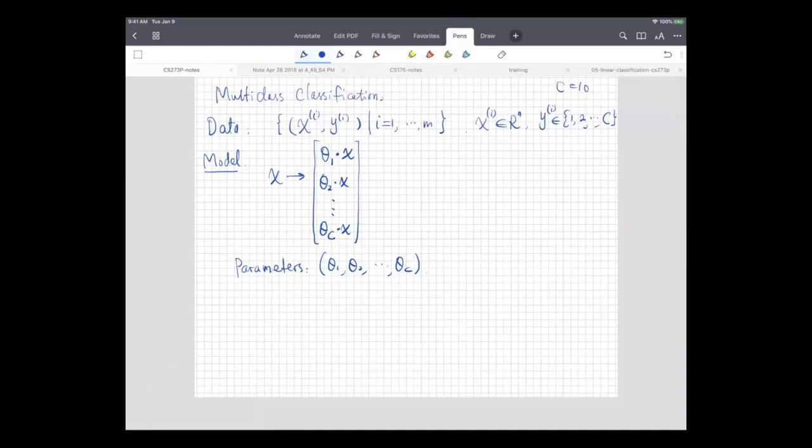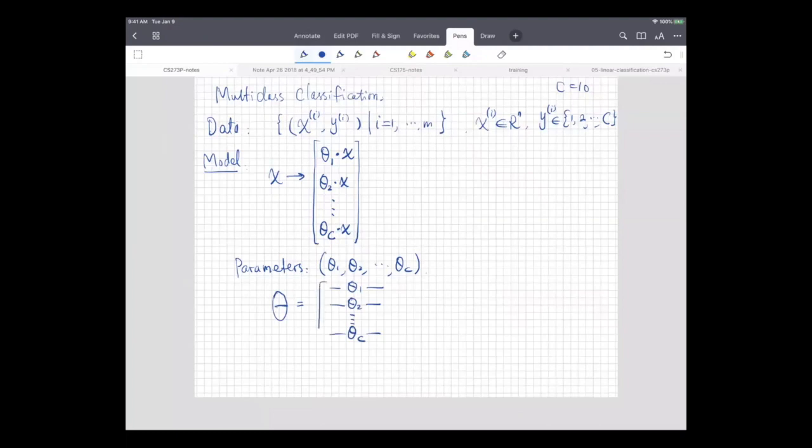Because each individual theta i here is an n-dimensional vector, sometimes people represent theta with this big matrix. So you put theta 1 as the first row of the matrix, theta 2 as the second row, and theta C as the last row.